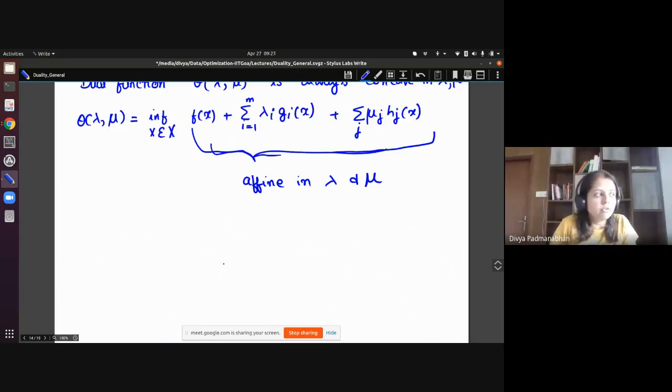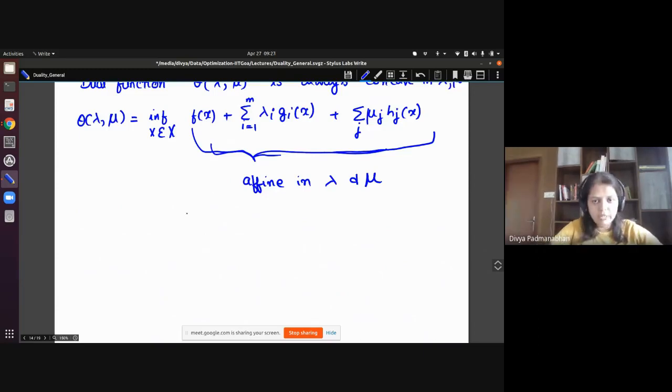It's the only class of functions which are both convex and concave. Right? So here what we are doing is we are taking an infimum over several affine functions. Okay, and it turns out that that is a concave function.